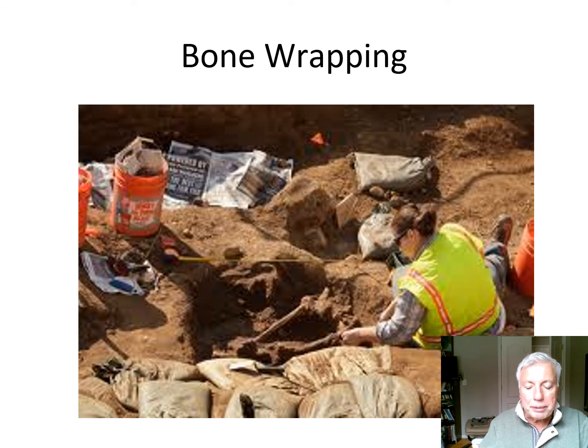They will wrap this with burlap and then plaster, and then do it again and let it dry over a couple of days. This block of soil encasing the bones is now wrapped to protect the bones in this burlap and plaster. This is then put in a further container for shipping back to the laboratory.